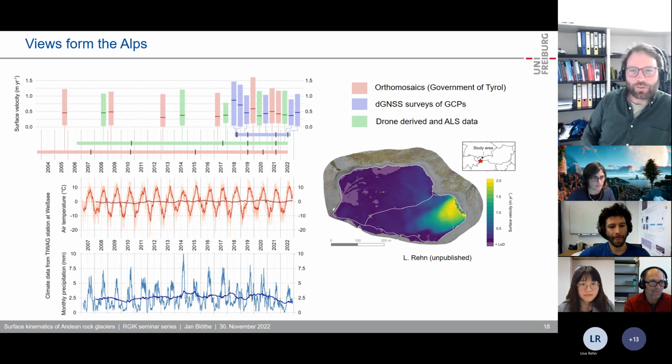I can just quickly show you this complicated figure that a master student of mine was compiling. She compared tracking in automosaics that are published by the government of Tyrol in this case, and drone-derived information.